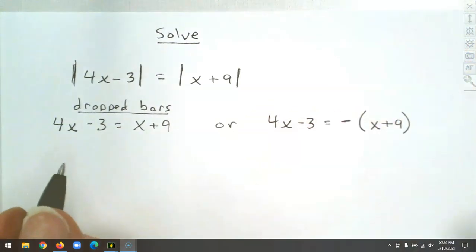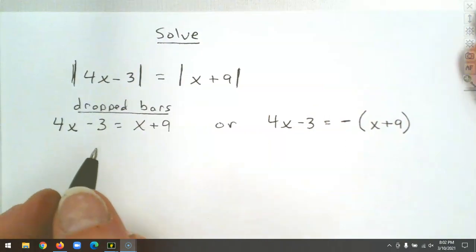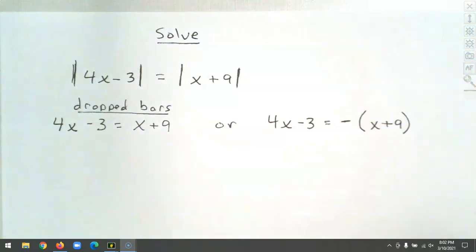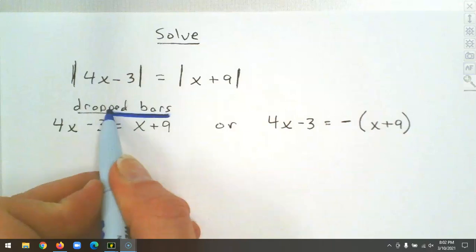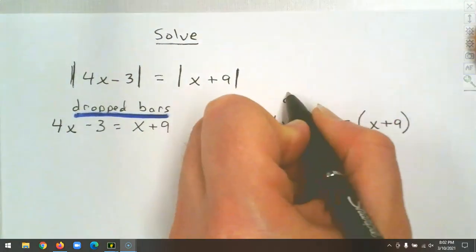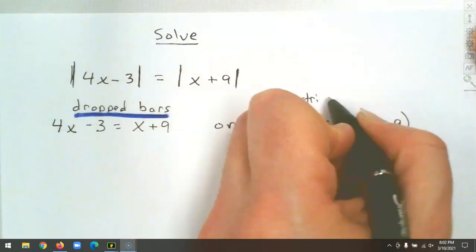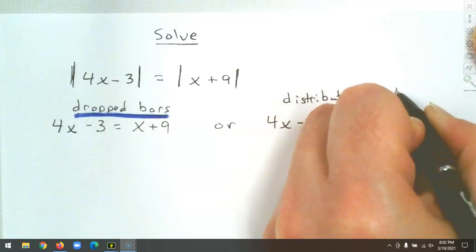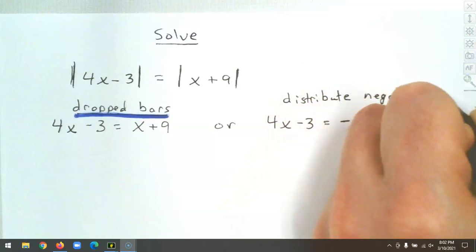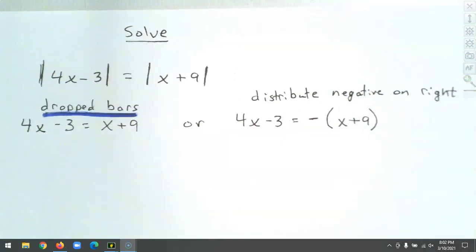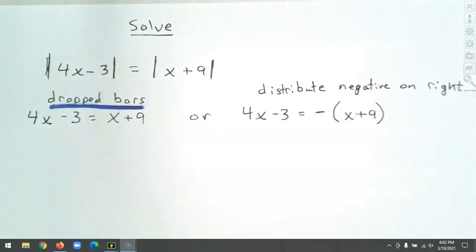So what you're going to do is make that side negative and distribute it through. So here's our two equations. We got one where we drop the bars, and then we got the other one where we have to distribute a negative on the right. Go ahead and distribute that negative through.